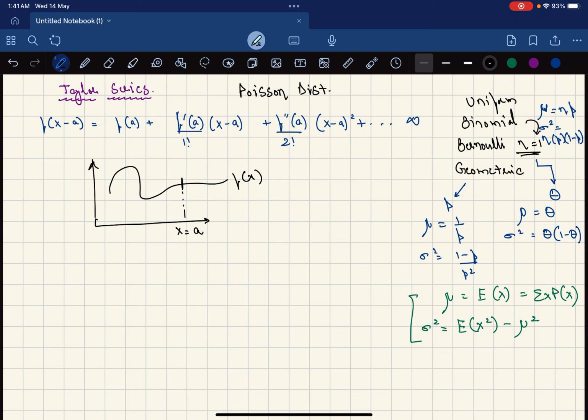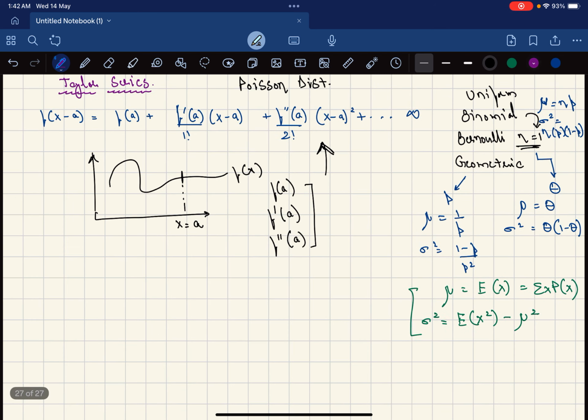So what we do is, at this particular point we already know the function, so we can easily compute the function value at a. We can also calculate the first derivative of the function and then put the value a, and similarly we can calculate the second derivative and put the value a, and so on. Once we have done this, we put these values in the Taylor expansion to get the required function value in terms of x minus a. So this is how we get the Taylor series for any function at a particular point.